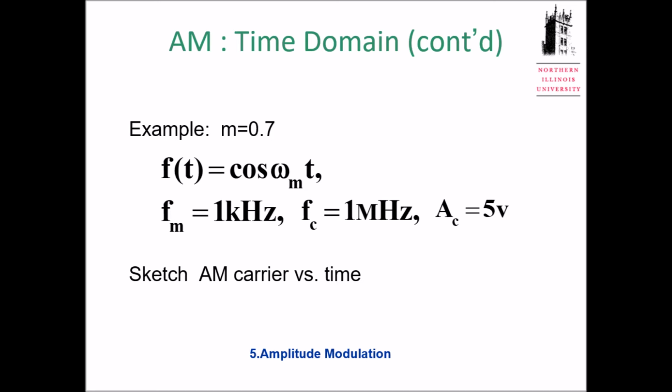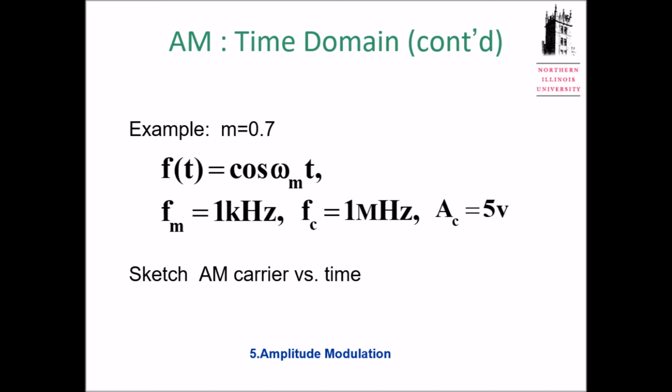So we're going to show how we can plot the AM waveform and plug all those parameters into it. Next slide, we have the sketch. So I'm going to explain what's going on here.